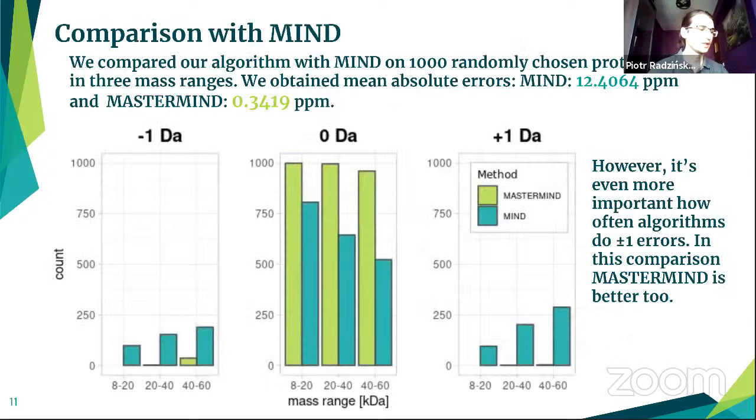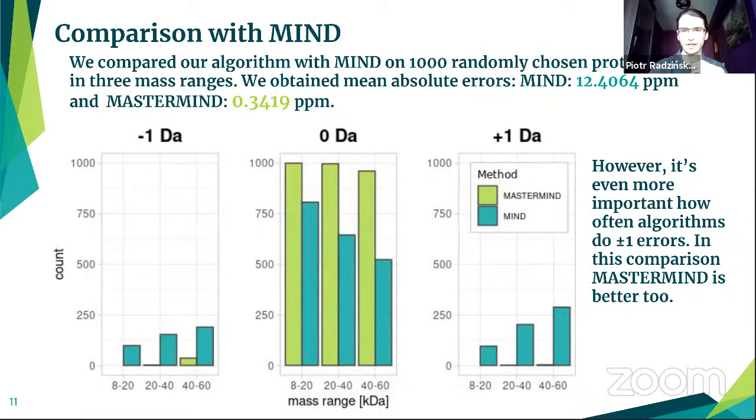And so far, the best algorithm that predicts the monoisotopic peak is called MIND. So we compared with MIND, and I attached here errors in ppm. However, as I told, errors in ppm are not so important in our problem.